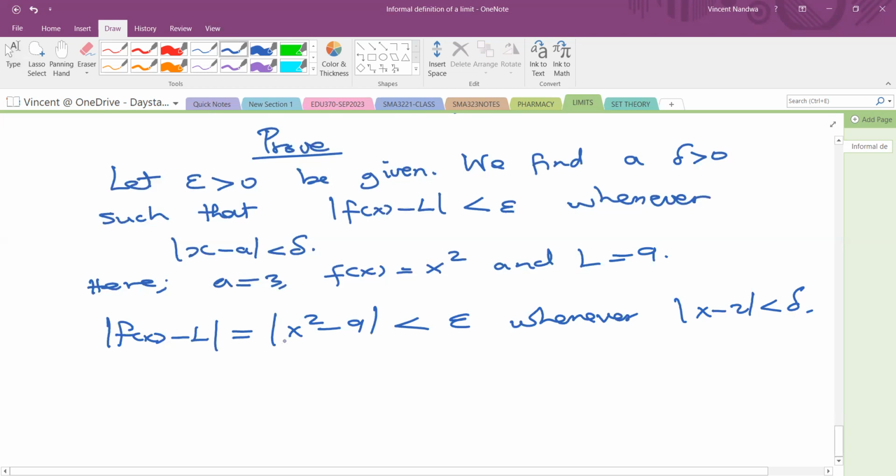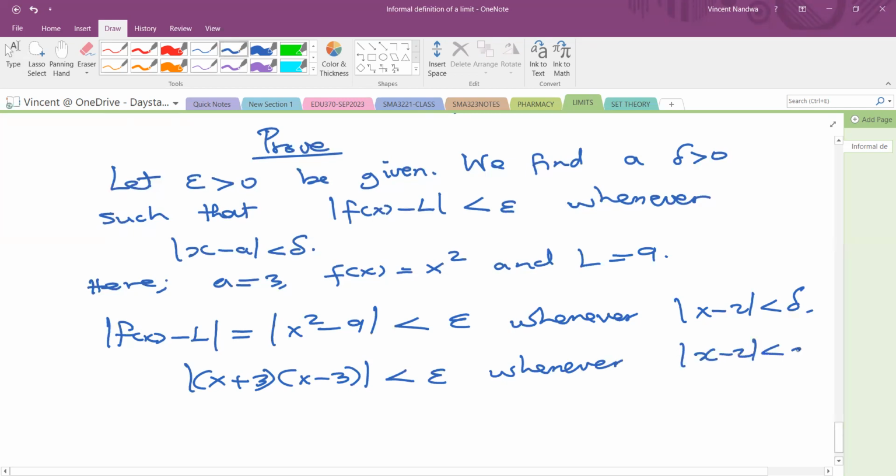And then this is the same as absolute of x plus 3 times x minus 3 less than epsilon whenever absolute of x minus 3 is less than delta.